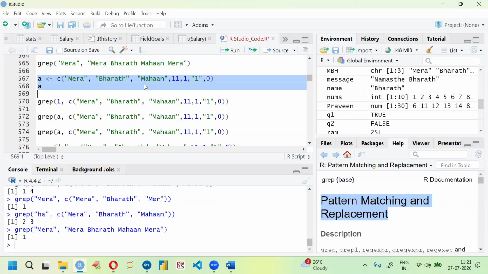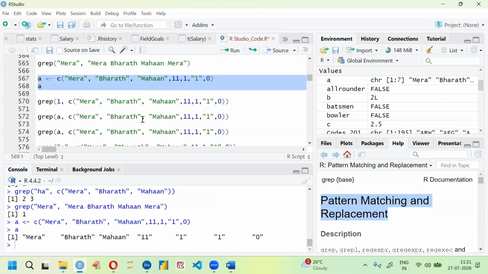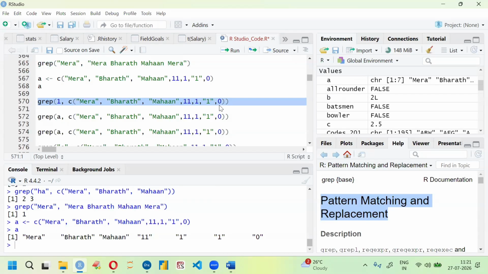Next, a vector c of Mera Bharat Mahan, 1 1 1 1 0. Okay, I'm running that one. So I have run that one. Now grep 1 in Mera Bharat Mahan 1 1 1 1 0. So what can you expect?